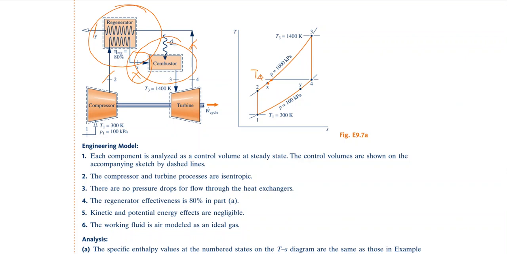So this is the example of a perfect regenerator versus an imperfect one with lower effectiveness. We have already found the values at states 1, 2, 3, and 4. Let's find the value at state X.